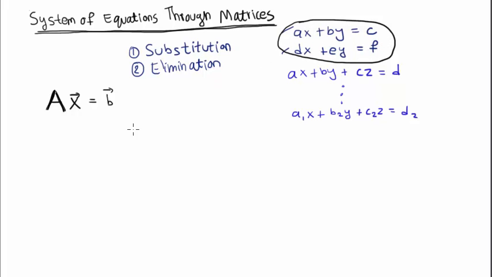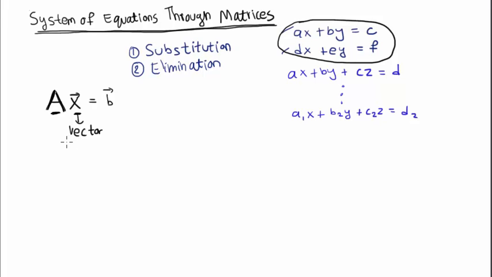And the way we do that is we let A be the coefficient matrix. The x vector will be the vector of unknowns. And if you don't know what vectors are, I would assume you'll take the time to learn them after this video. But it's not super important that you know what vectors are.